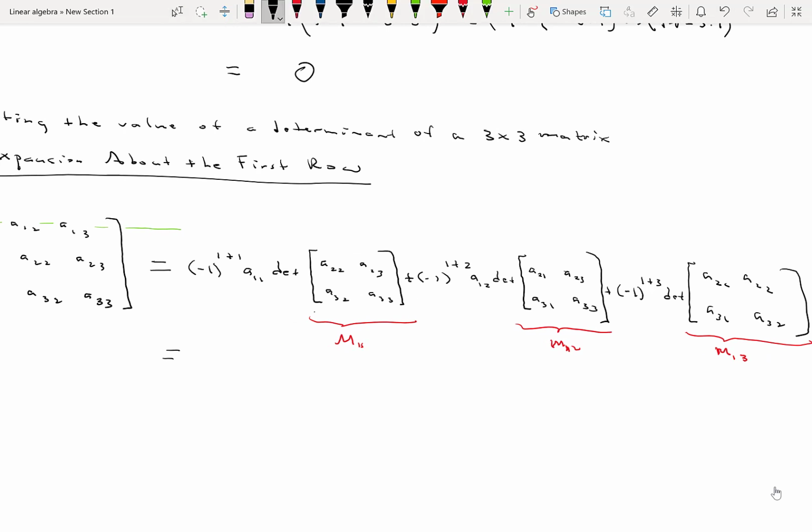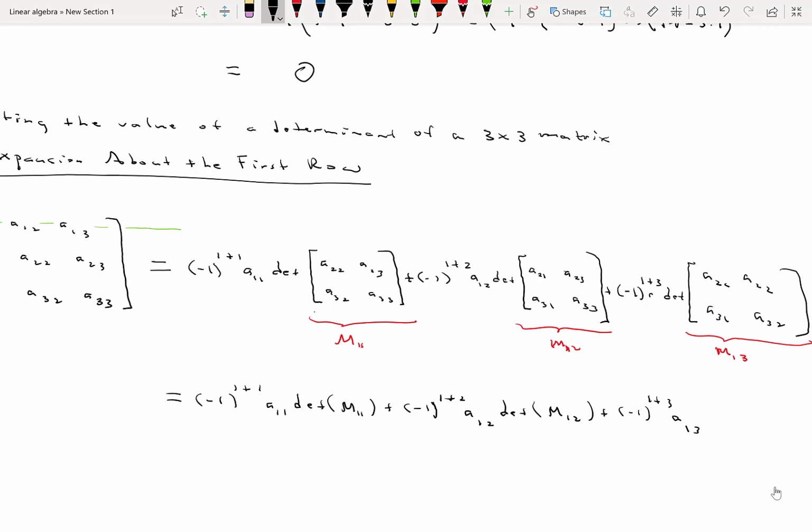So we can collapse the notation a little to make it a lot easier on the eyes, and write -1 to the 1 plus 1, A11 times the determinant of M11, plus -1 to the 1 plus 2, first row, second column, A12 times the determinant of M12, plus -1 to the 1 plus 3, A13.